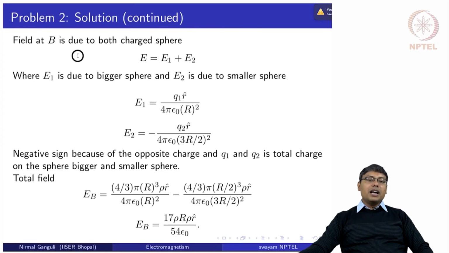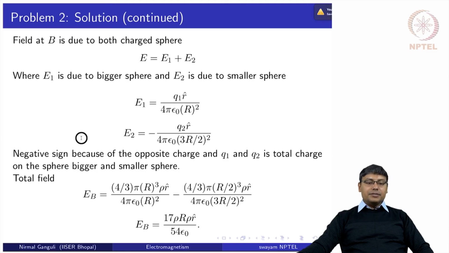And point B will have contribution coming from both spheres. So there we can have E written as E1 plus E2, where E1 is due to the bigger sphere and E2 is due to the smaller sphere. E1 can be given as Q1 r cap over 4 pi epsilon naught times r squared, and E2 can be given as minus Q2 r cap over 4 pi epsilon naught times 3r over 2 whole squared.